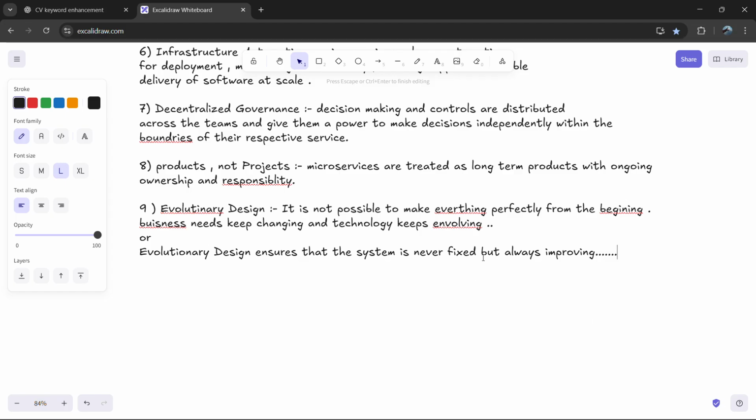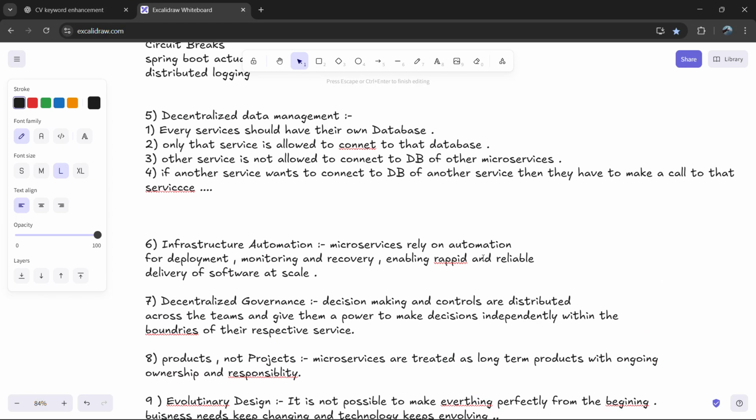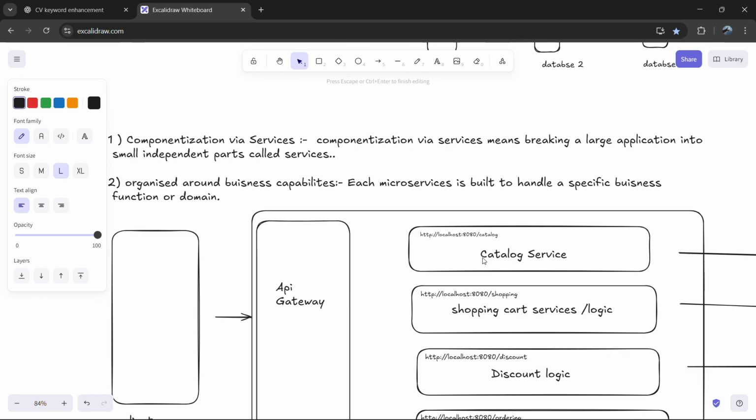Okay, so this is the main line concept of microservices.